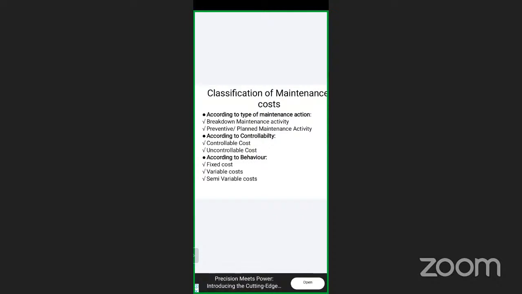Over and above 100 calls, per call of 3 minutes they used to charge 1 rupee. Now suppose I have made 200 calls. 100 calls are free, right? So the fixed component is 250, and the variable component is 100 rupees for the 100 extra calls. So my total bill would have been 350 rupees.